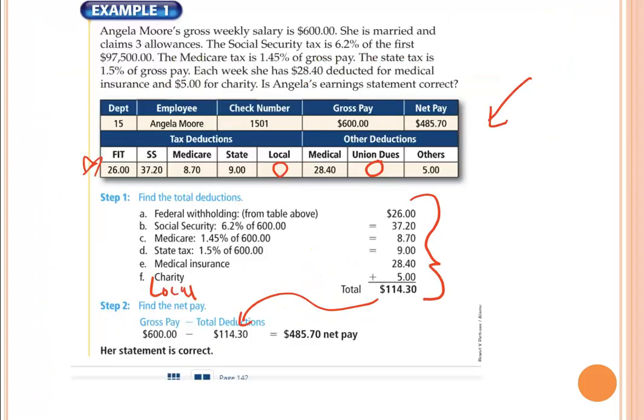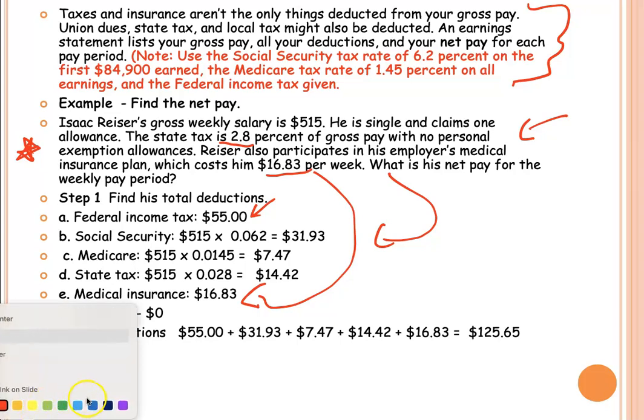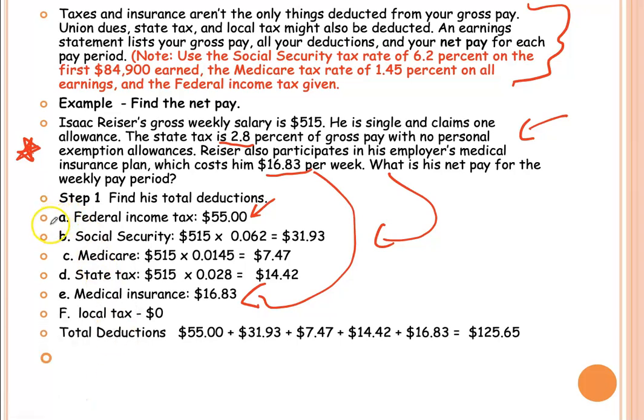The things that will remain the same: the federal tax will be given, and the Social Security and the Medicare you will know how to figure out. Otherwise, you will need to multiply these, but you will have to figure out if they're state. Then the rest of them will just be listed in the problem.